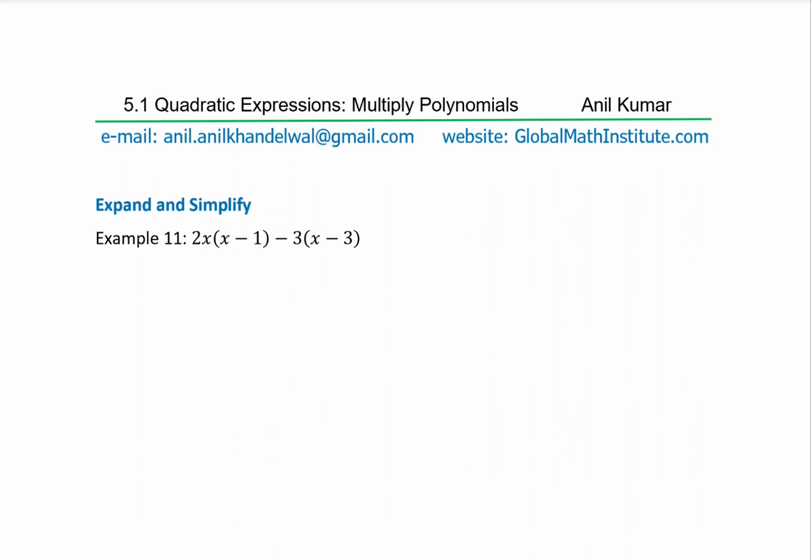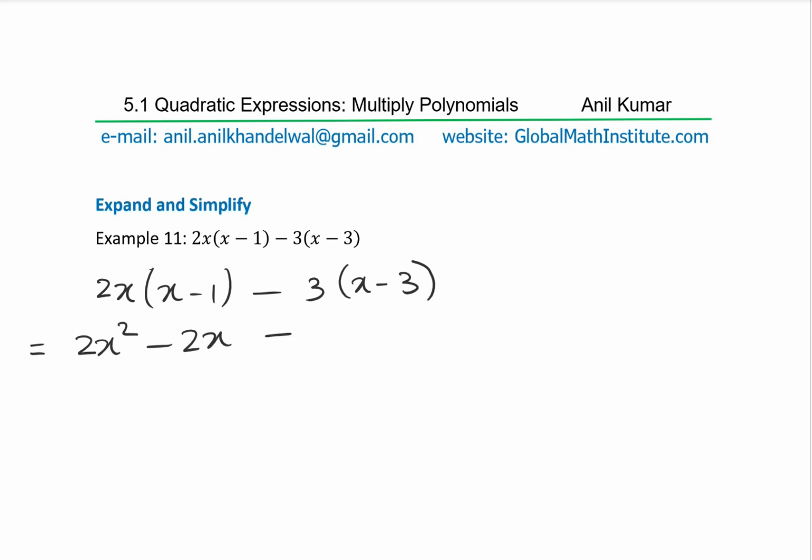What we have here is 2x times (x minus 1) minus 3 times (x minus 3). Apply the distributive property. So we get 2x squared minus 2x minus, it's better to use square brackets, negative outside, open the bracket. So we get 3x minus 9.